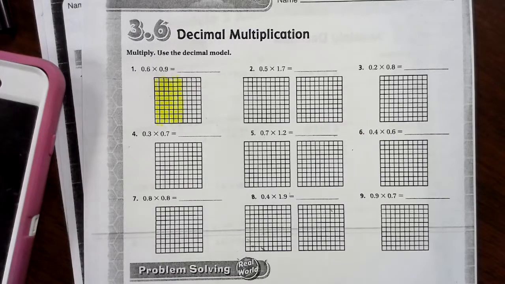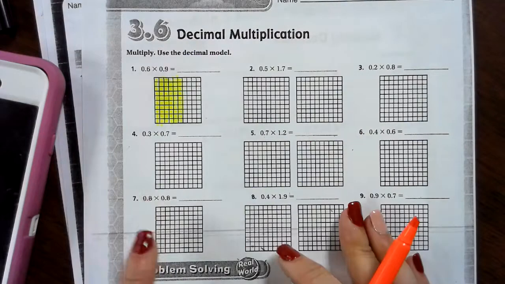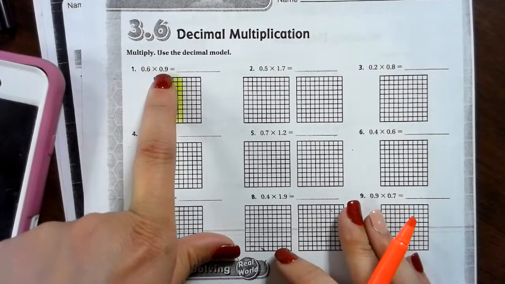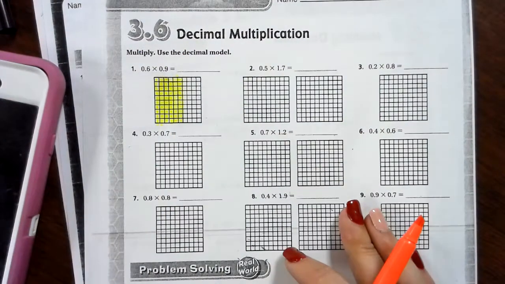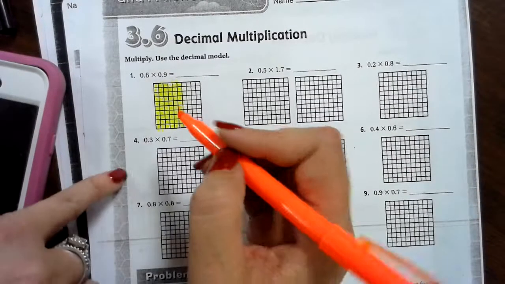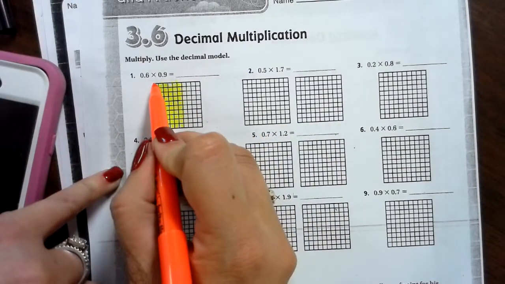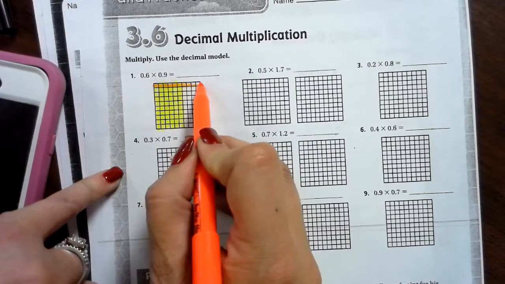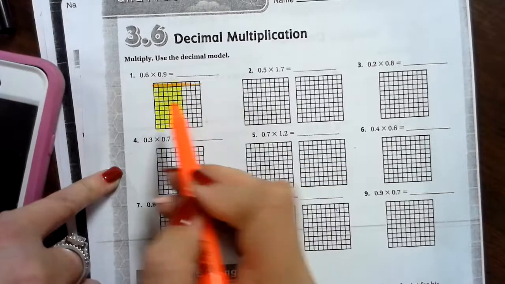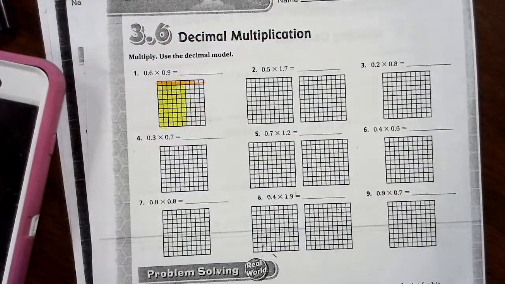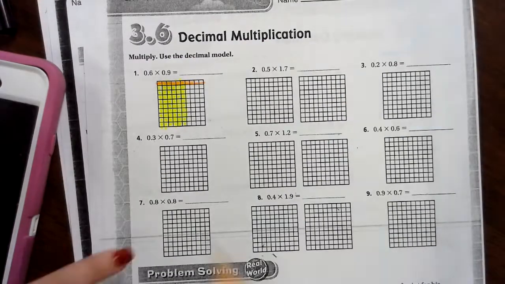So there is 6 dimes that I highlighted. Okay. Then if I highlight, go the other direction, I'm multiplying by 9/10 or 9 dimes. So this way I'm going to highlight 9 dimes. So 1. Let me actually use my pencil for this one.